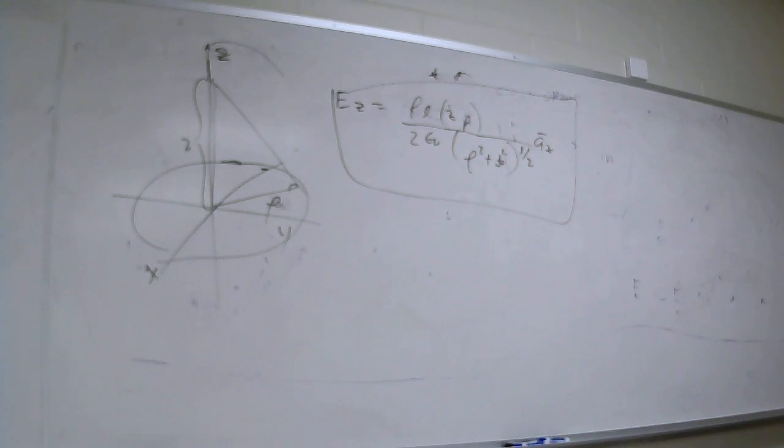Does that make sense to everybody? Line charge density is going to be coulombs per meter. Surface charge density is coulombs per meter squared. When you multiply by d rho, which is meters, you get coulombs per meter.